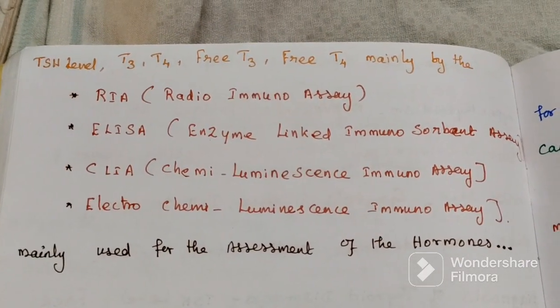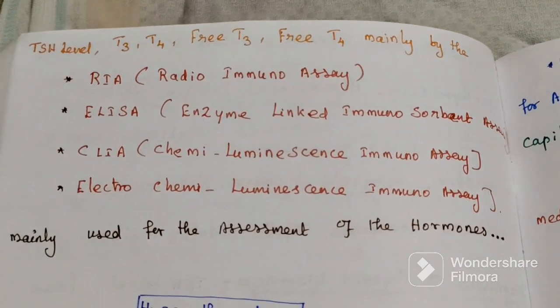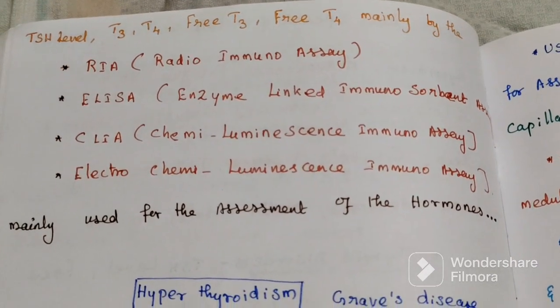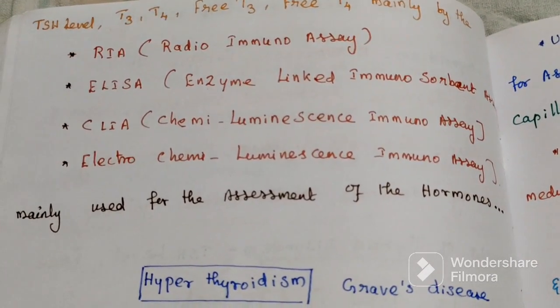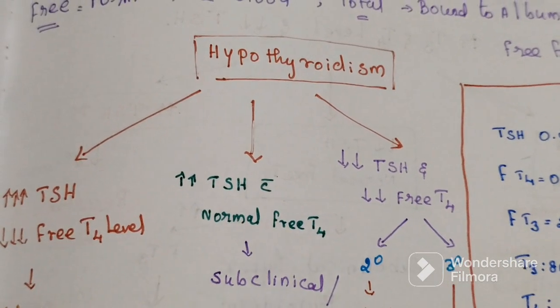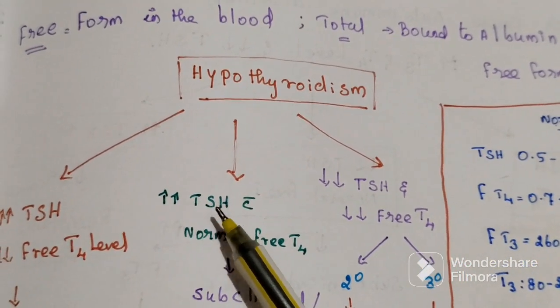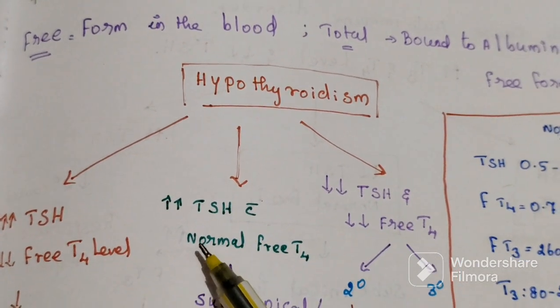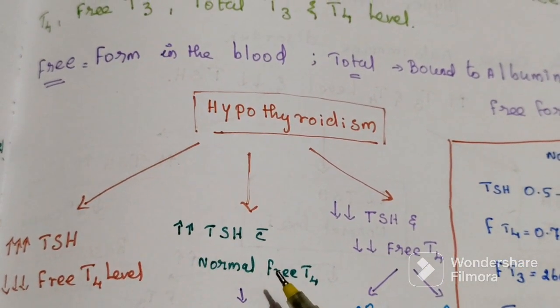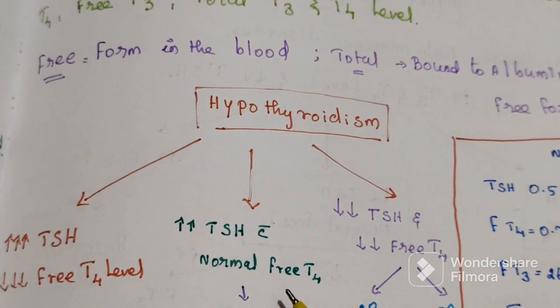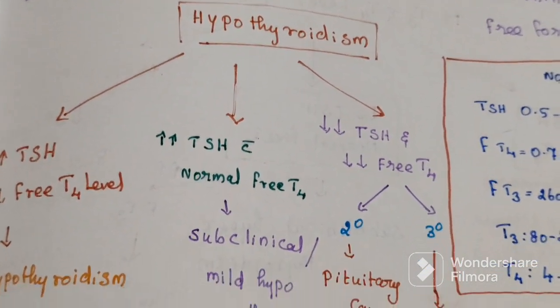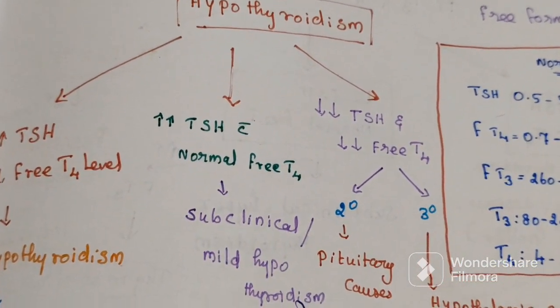These are the tests mainly used for assessment of these hormones. In the second condition, if there is increased TSH level with a normal level of free T4, it is due to subclinical or mild hypothyroidism.